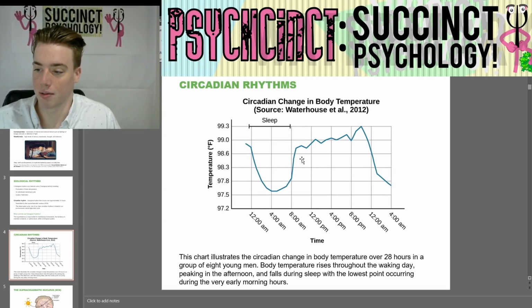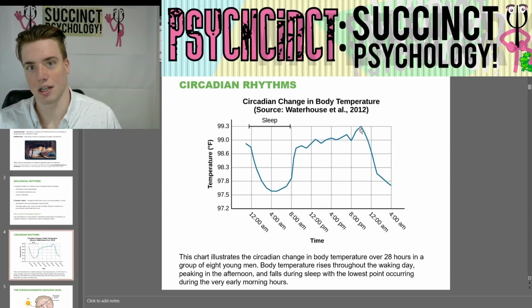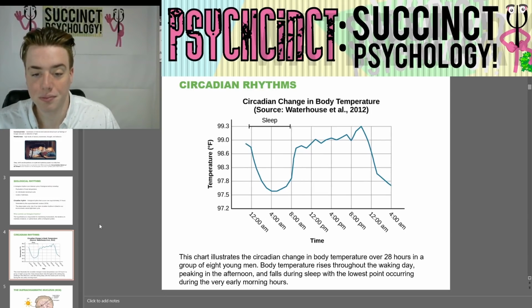Here you can see, as they start to wake up, body temperature rises, and it peaks at around 9-10 p.m. That's when most people go to sleep, or at least the men in the study. Then body temperature pretty sharply drops down to a trough, or low, at 4 a.m. before the cycle begins again.